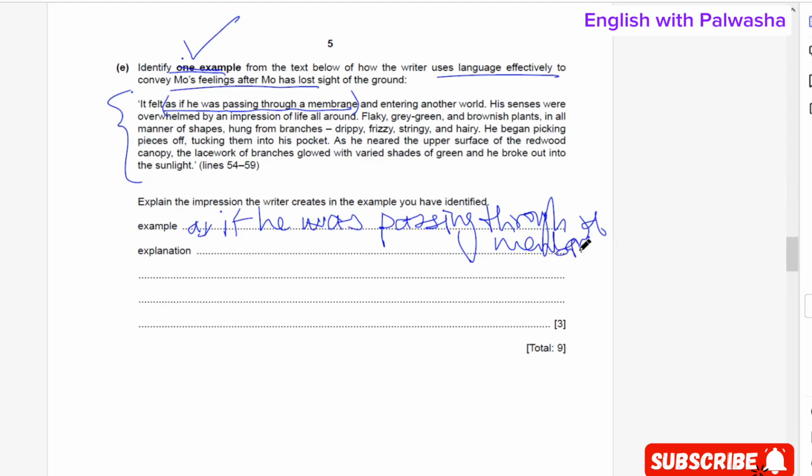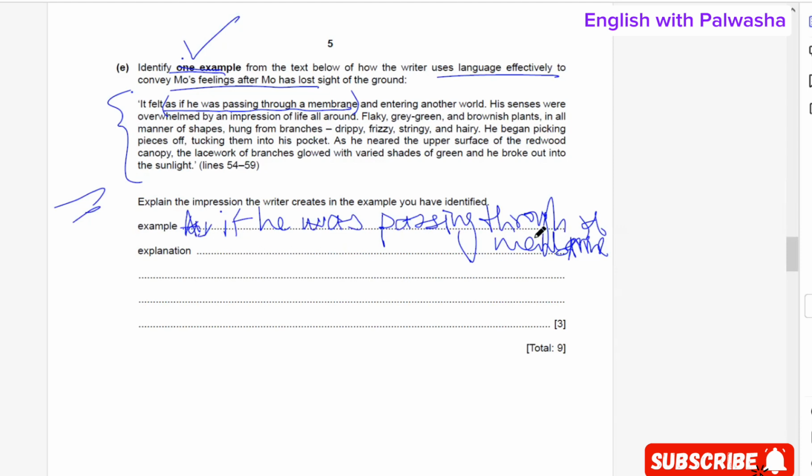You have to fix it inside this, because my pen is actually not friendly on the PDF, it's not working. But I just wanted to explain you, as if he was passing through a membrane. You just wrote this one example here in the example.